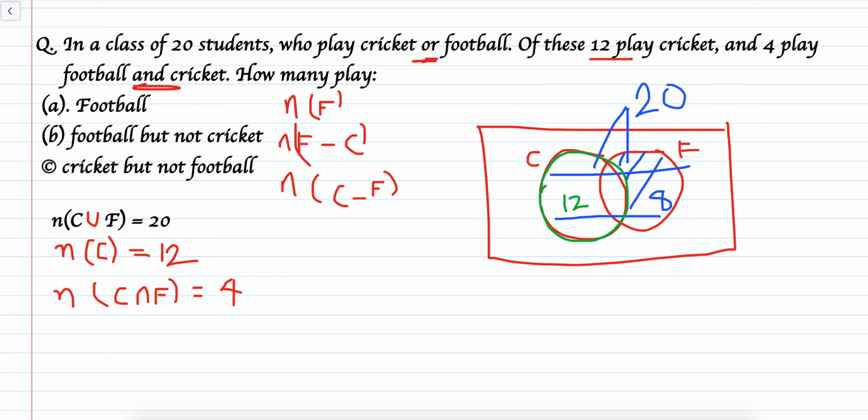So this part denotes only football because we have removed this part. So this part alone is 8, this part is 12, combined this region is 20. So this is F minus C. So we have got this answer, this is 8.